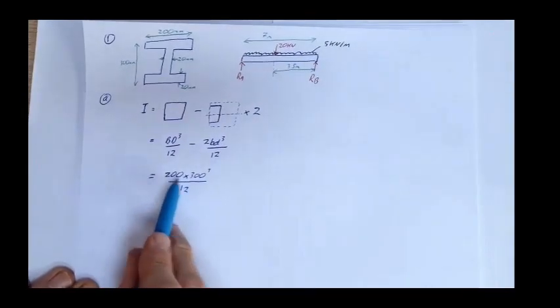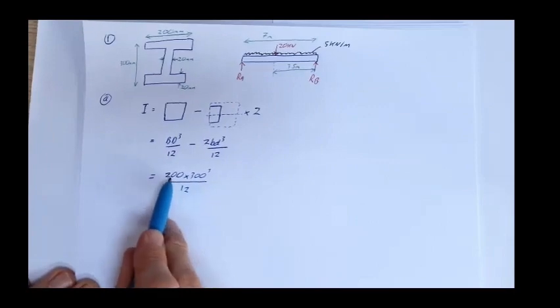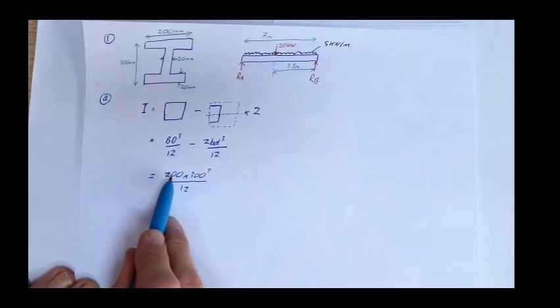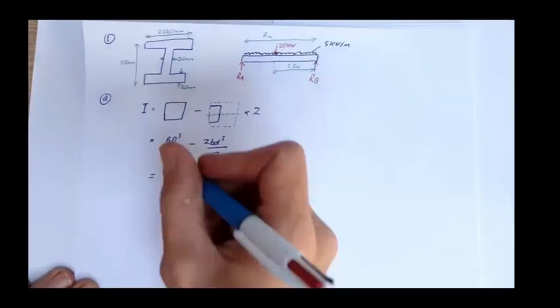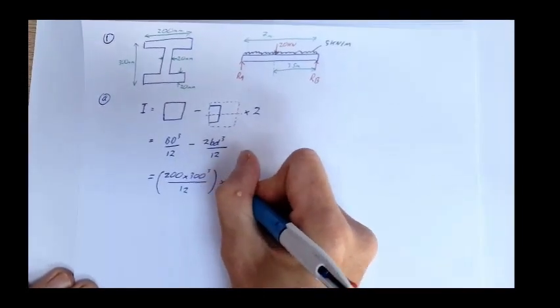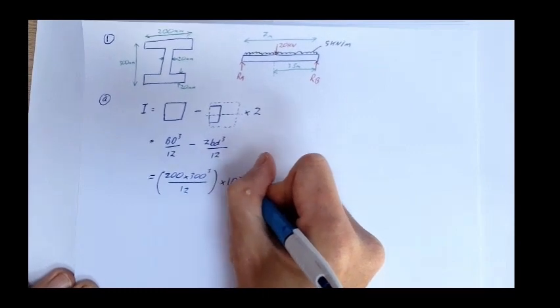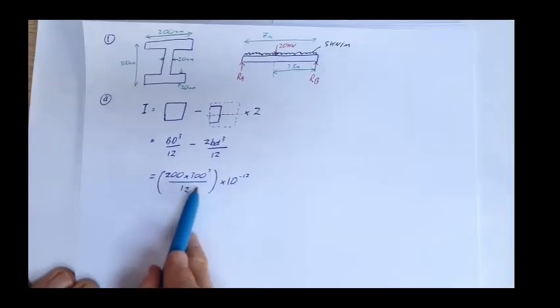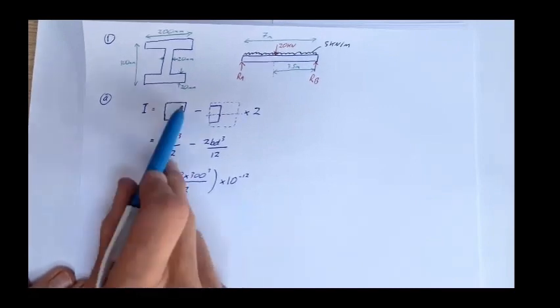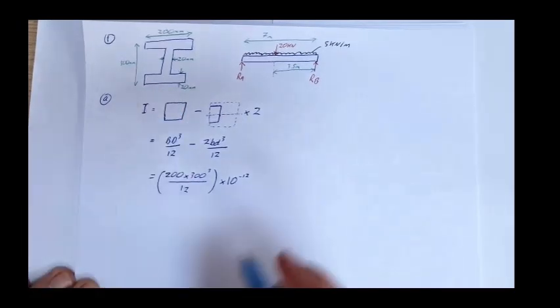That's 200 times 10 to the minus 3, 300 times 10 to the minus 3 cubed, so we can multiply that by 1 times 10 to the minus 12 to convert it from millimeters into meters. So that's the second moment of area of this large outside section.